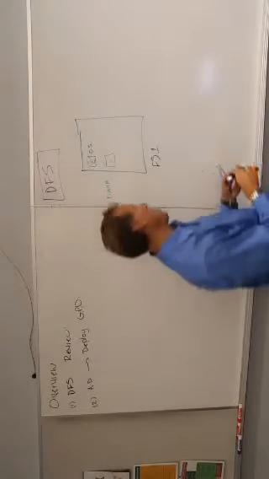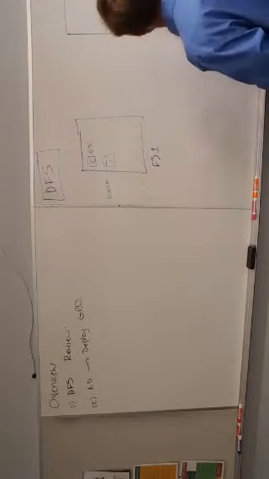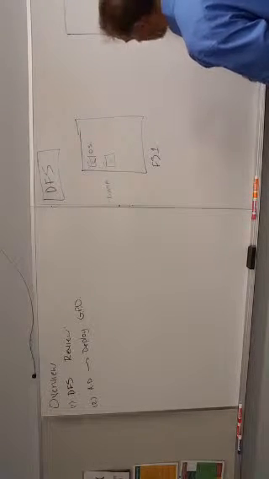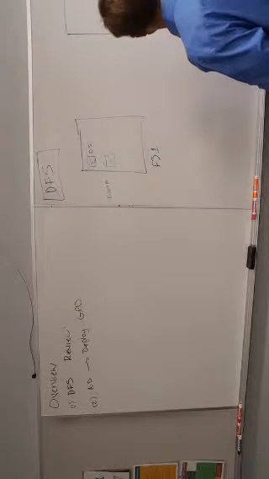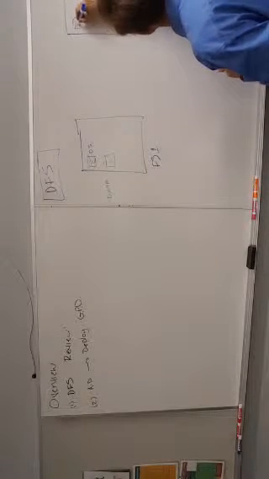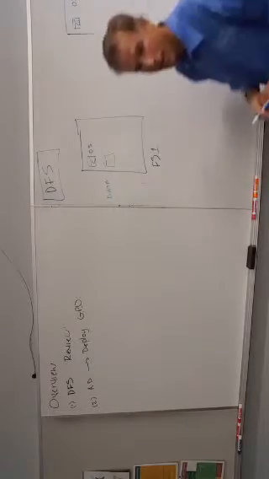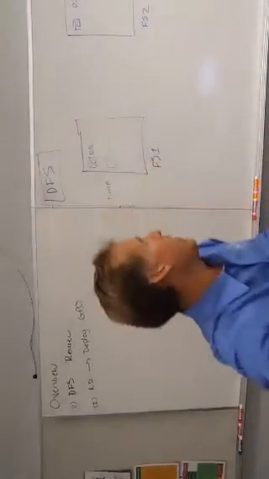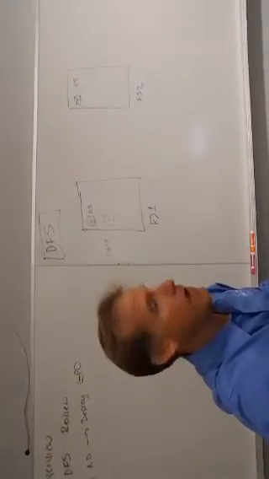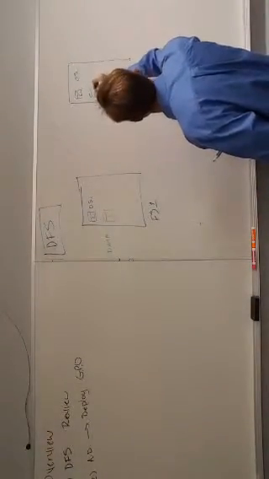Now we also have over here FS2, file server 2. It's the same setup. It has a C drive for the OS, and then an E drive over here for data.